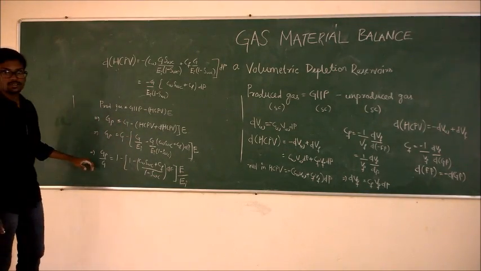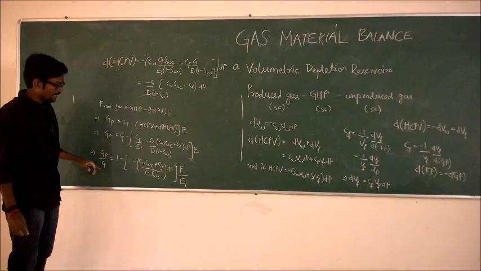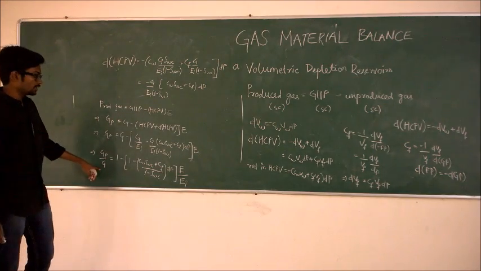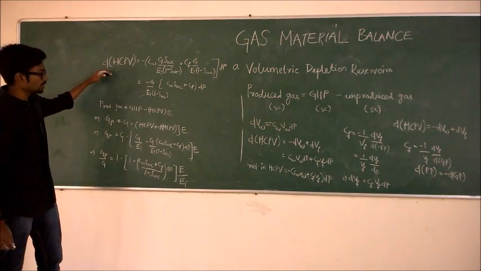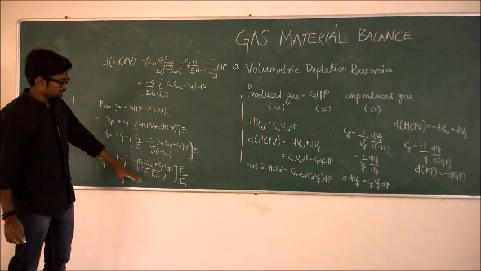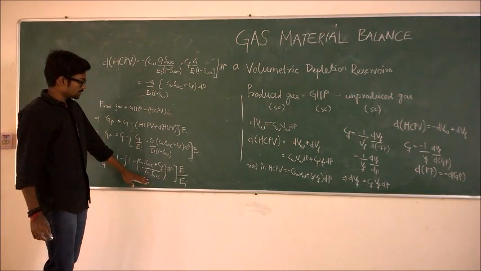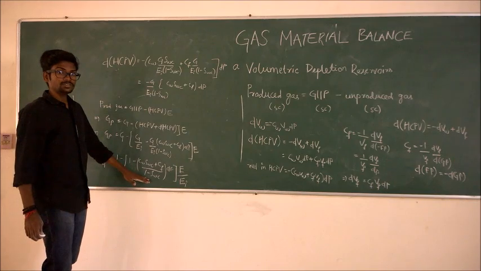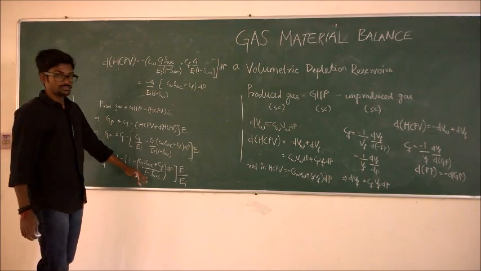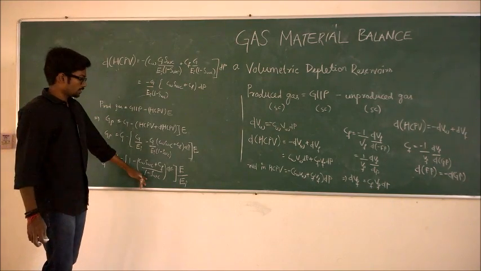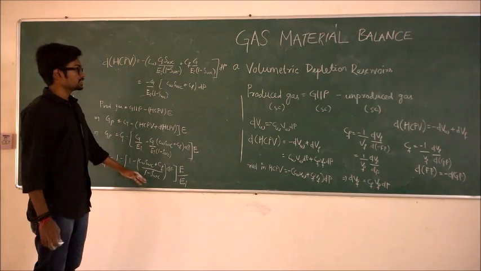This is the modified material balance equation for gas reservoirs. Now, after inclusion of the term of reduction of pore volume, we get this additional term. So the change that is induced in the material balance equation because of the inclusion of this term is approximately 1 to 2%.